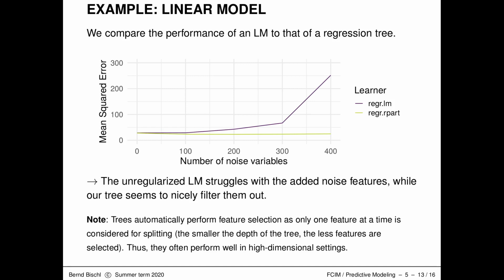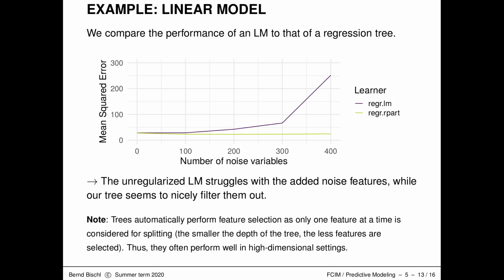And that means as long as noise features don't look more attractive to us than real information carrying features, these will never be added to the model, and we kind of end up with a model that looks exactly the same as a model that would have been fitted on the lower dimensional data set with only the information carrying variables in the data set.